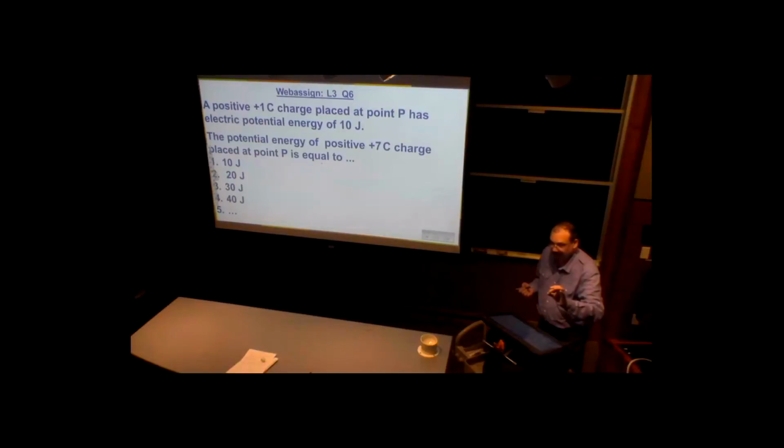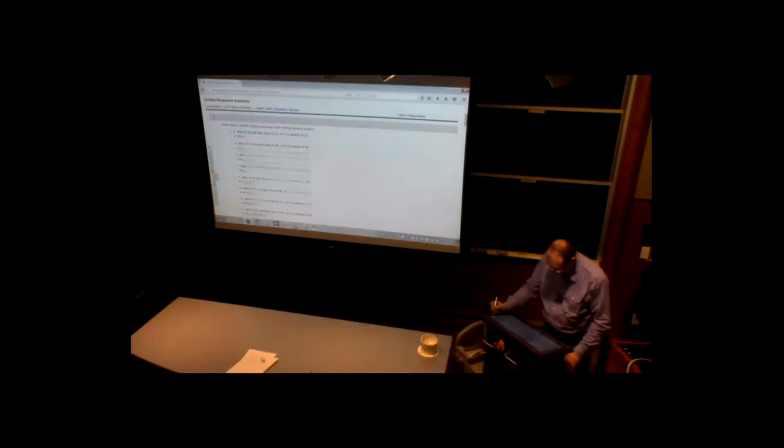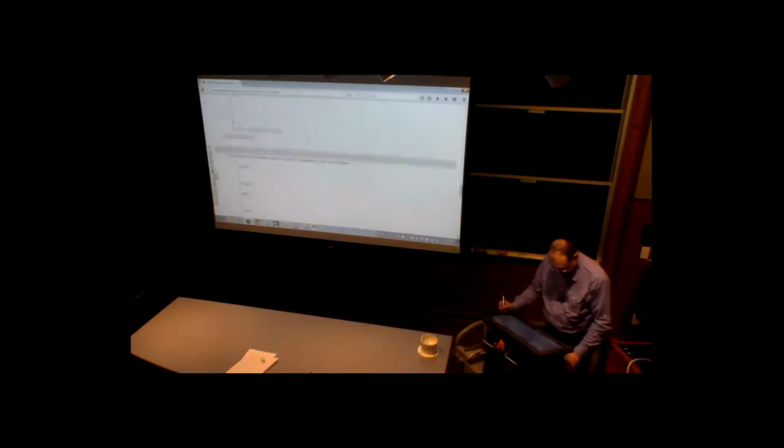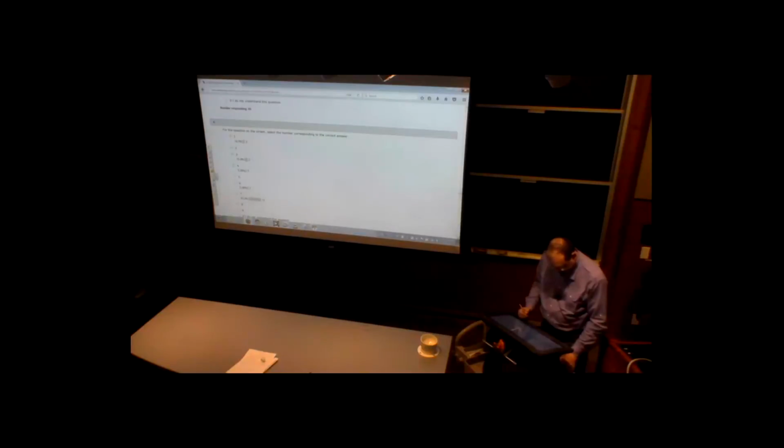What do you expect to be the potential energy of that charge? Well, if you answered 1, 2, 3, 4, 5, or 6, you should ask yourself, why?